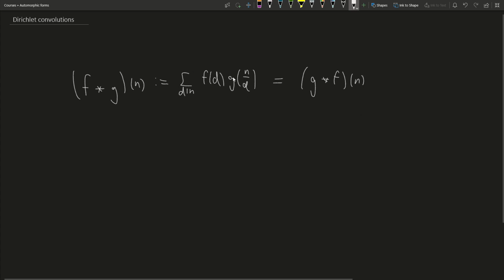And the reason to think about Dirichlet convolutions is because they satisfy the following.